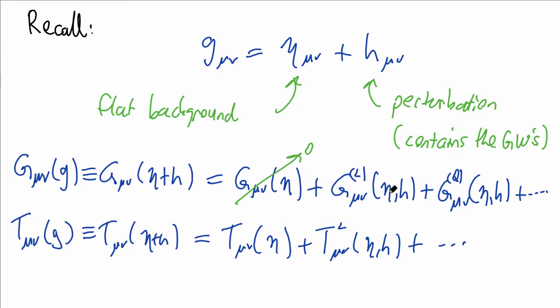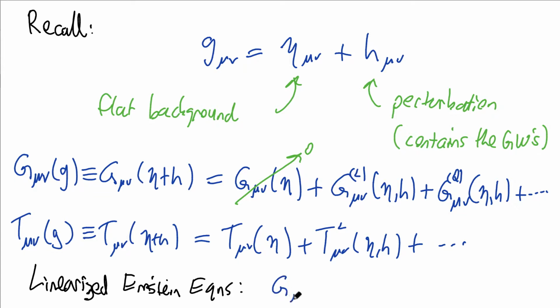So the leading order term in the Einstein tensor is this linear term in h. And if we assume that the matter fields are small, then the leading order term in T_μν is also of order 1 in smallness, and it's this term T_μν of η. So the linearized Einstein equations are G^L_μν of η, h equals 8π times T_μν of η.